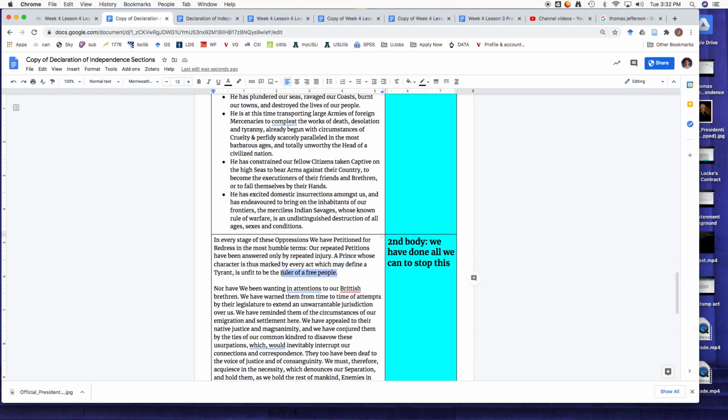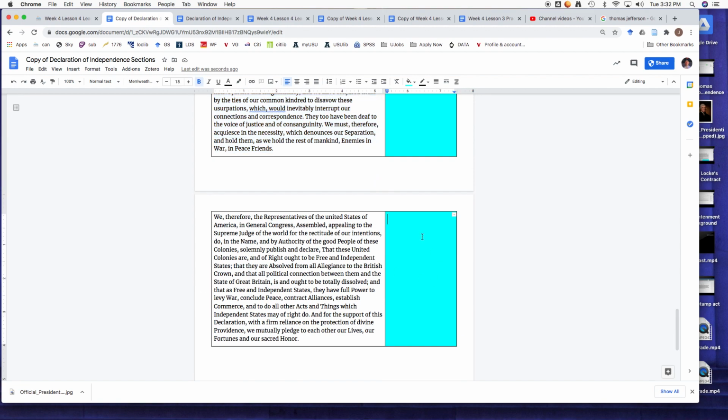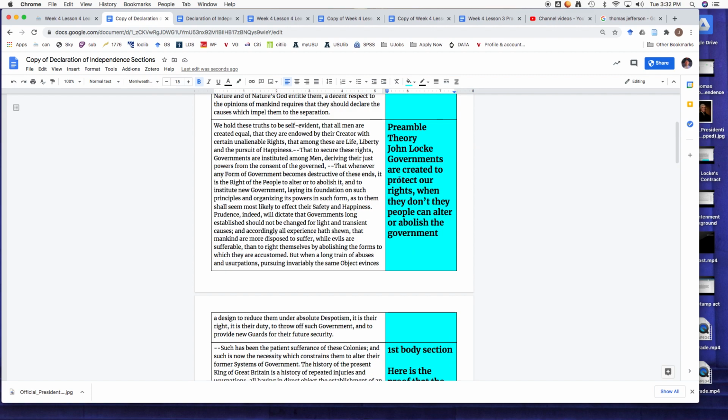So here we are, we're a free people, and yet we've got this tyrant that's trying to rule over us. And here they talk about how we've done all that we could to stop this. And this is the conclusion. And so the pieces all fit together really well. We've got the theory that if the government is created to protect your rights, and if it doesn't, then you can overthrow it.